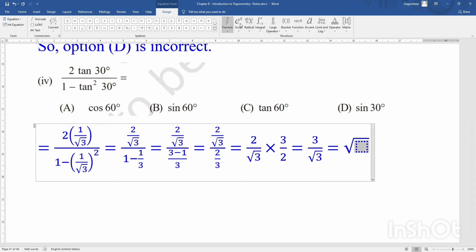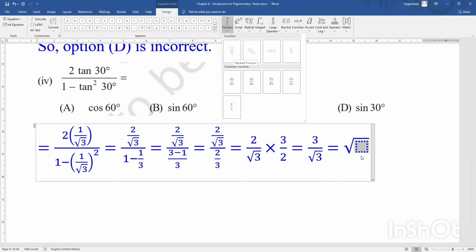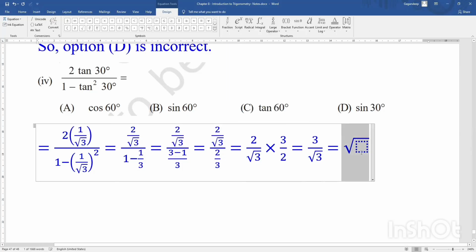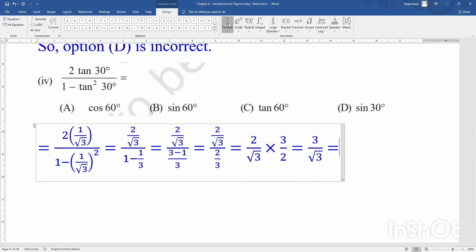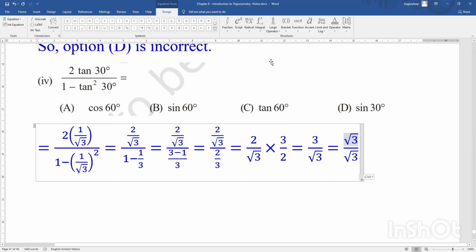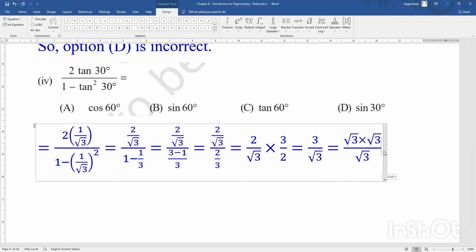The denominator has root 3, and the numerator 3 can be written as root 3 into root 3. So root 3 gets cancelled, and you'll be left with root 3.